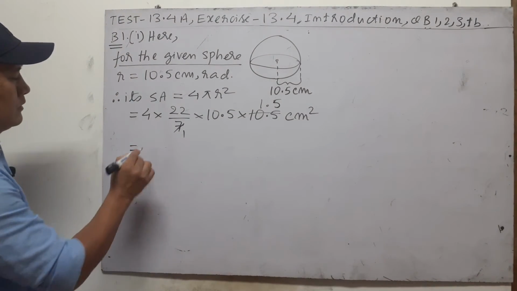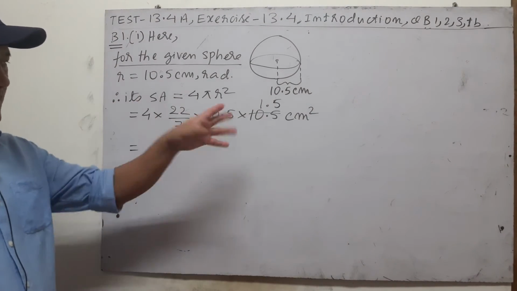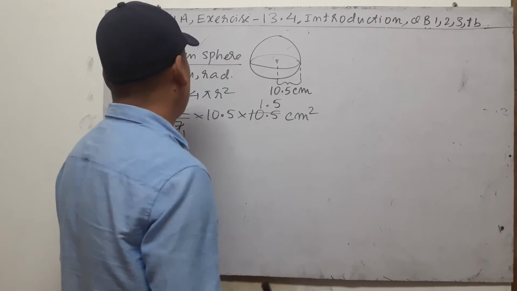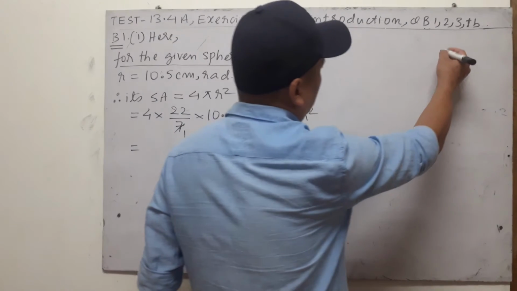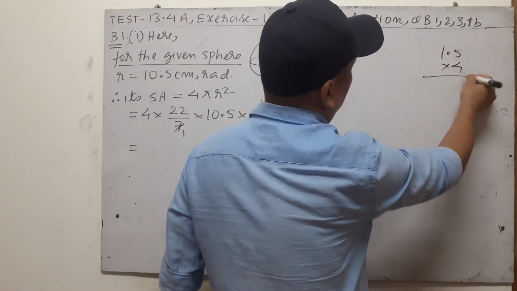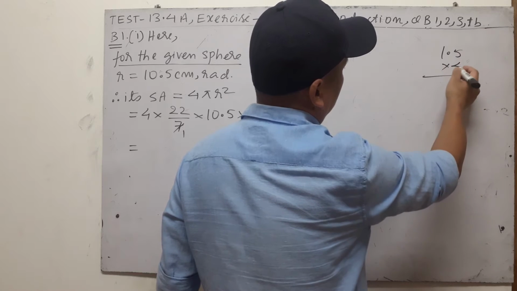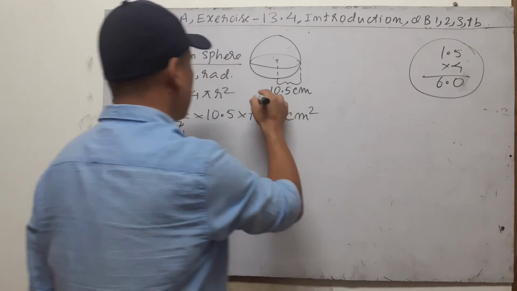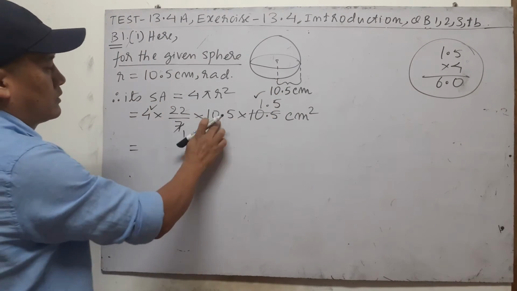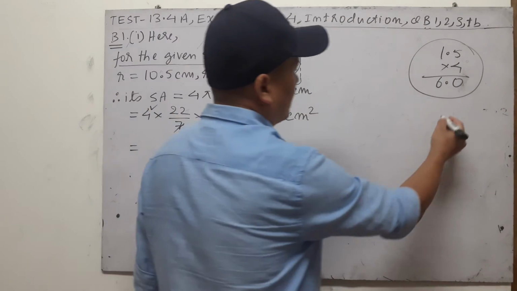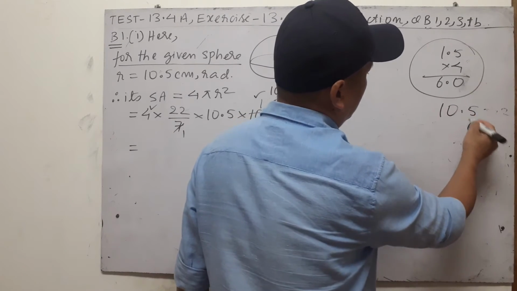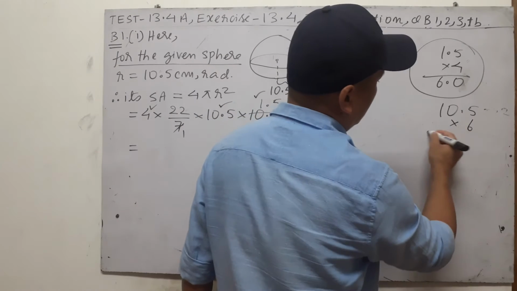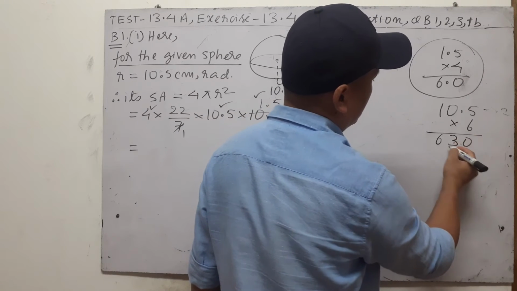Okay, so just neglect the decimal and just do your 15 into 4. It's very easy, right? 1.5 into 4, 5 4s are 20, 4 1s are 4, 5, 6, 1 decimal. So 6 is coming, and you multiply this 2 to this one. 10.5 into 6: 6 5s are 30, 6 1s are 6.